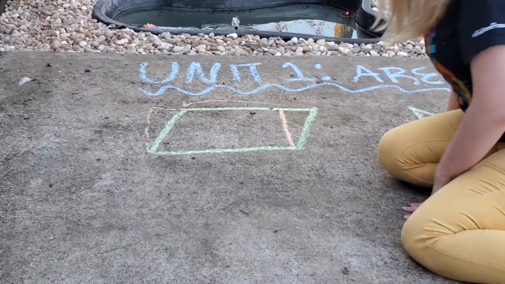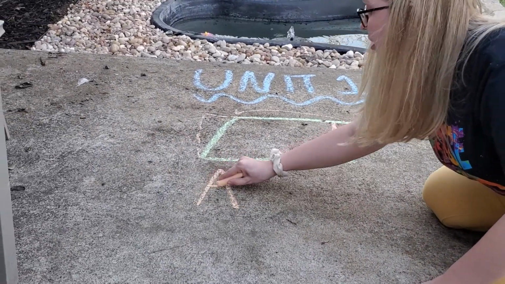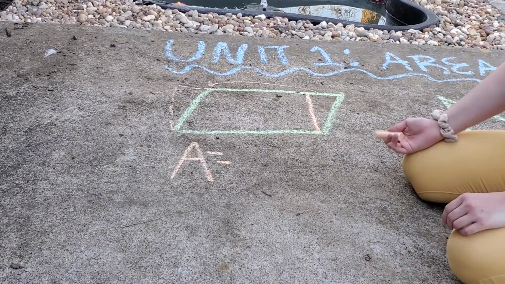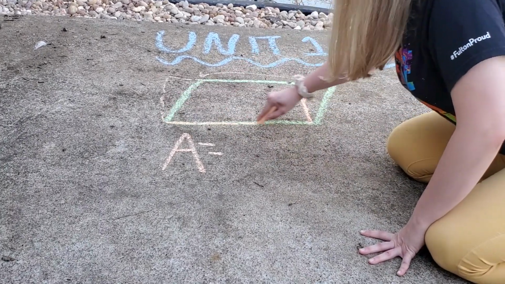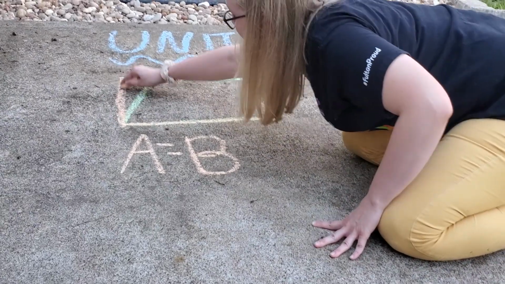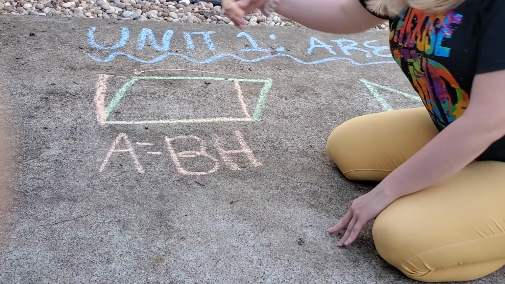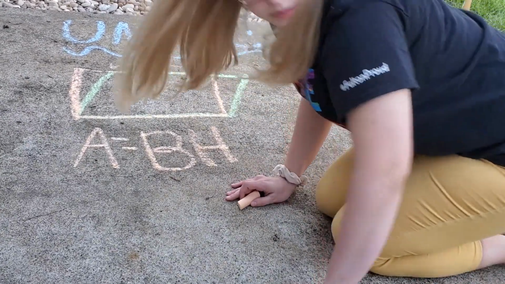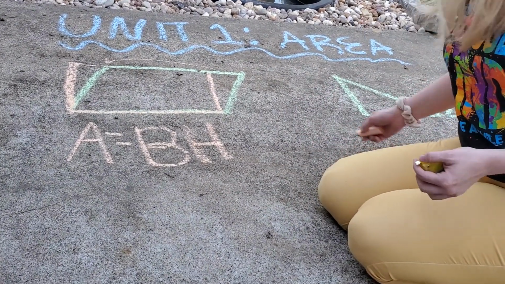So we all know that the area of a rectangle is just the length times width, but we don't have a length and a width for this. We have something called a base and height. Your height is that line that you drew at a 90-degree angle to the base. Now we're going to need to find the length of that base and height.